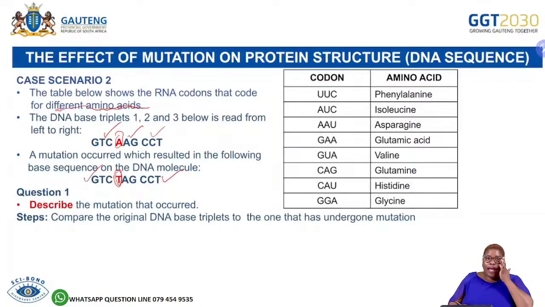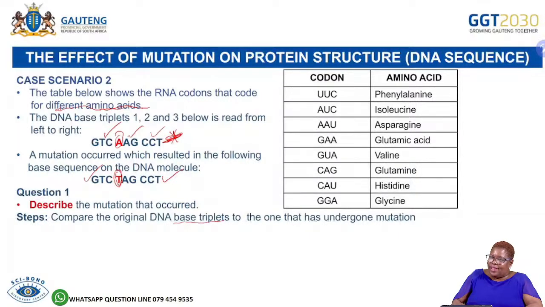And then steps that are going to guide you, that are going to help you. Compare original strand base triplets to the one that has undergone a mutation, right? The steps that you need to take care of, right? So if you get it now, you won't struggle with your exam questions. You compare the original DNA base triplet, this is the one, right?